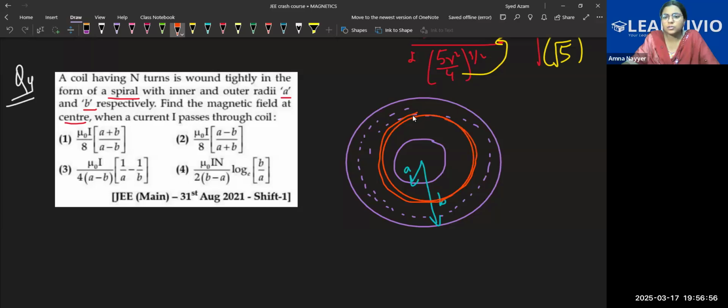This is not evenly drawn, so just don't go by the figure. Means the thickness of this segment is dr. Whenever we use the symbol d, it means we are representing an infinitesimal portion. Infinitesimal means something that is very small.